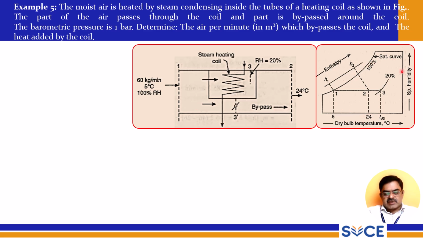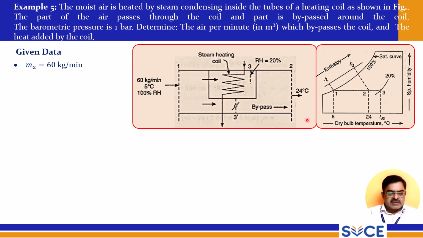This is the psychrometric chart, dry bulb temperature versus humidity, and this is the 100% saturation curve. Point 1 is on 100 percent, the 20 percent relative humidity line gives point 3, and point 2 is at 24 degrees Celsius. H1 and H2 we have to find from the psychrometric chart.